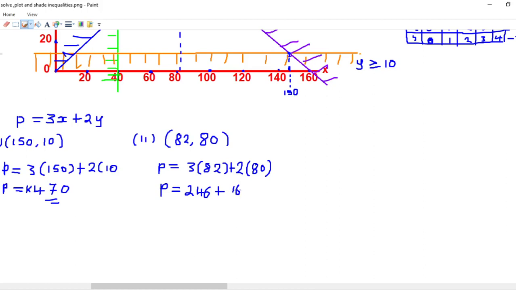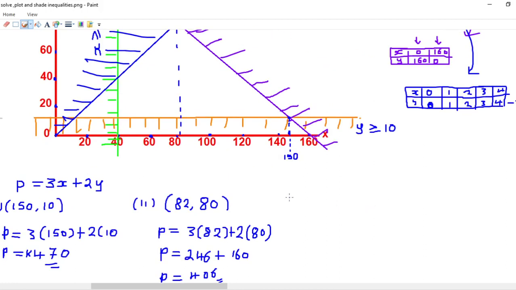Now if you add 160 plus 246, this will just give you 406, right? So your profit is equal to 406. Okay, so this is what you are getting upon picking that point.